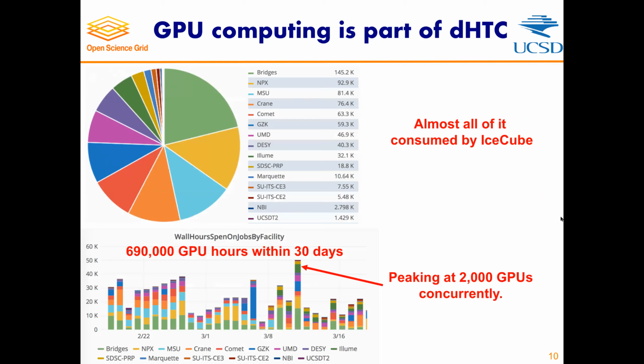The other thing you see here, as a beginning of this, is that the peak day is 2,000 GPUs. As you can see, this is one day on 3, 8, 9, 10, 11, 12, I think. And the other thing you see here is that among the places IceCube uses, a lot of them are IceCube collaborators.